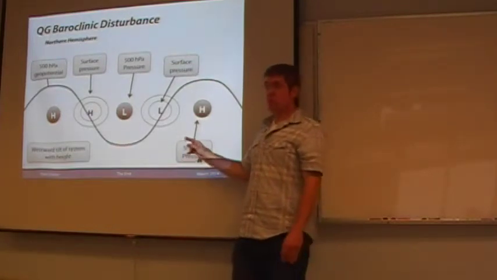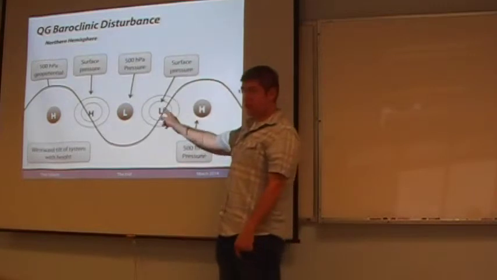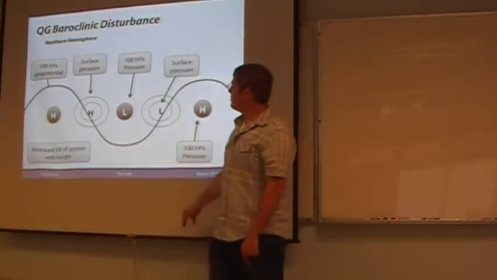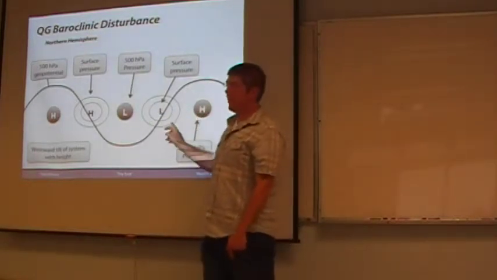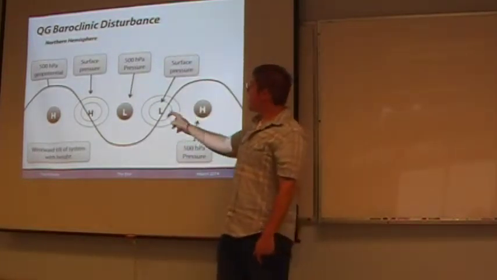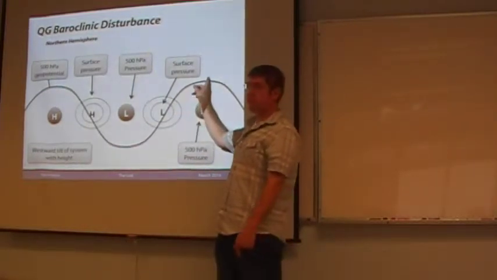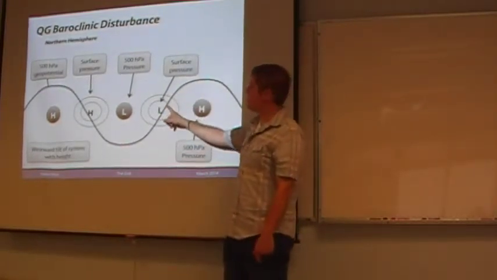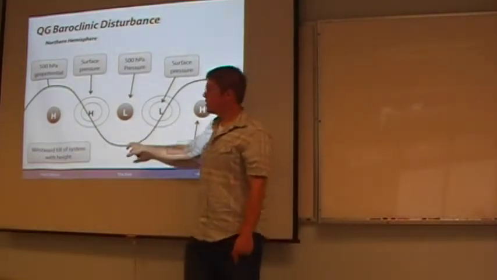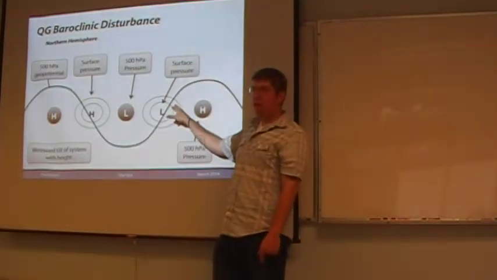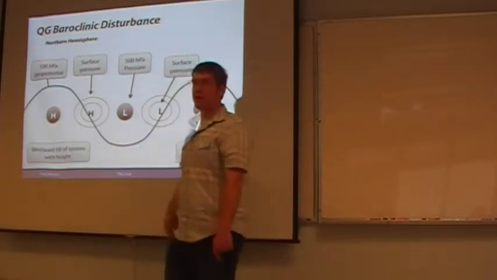So using this information, we were able to build our quasi-geostrophic baroclinic disturbance for a westward tilting system, that is one where the low pressure at upper levels is to the west of the low pressure at lower levels. The system tends to develop and tends to look like this. You have a surface pressure which is located along the upward branch of the wave. Note this wave is located at approximately 500 millibars, or 500 hectopascal. The low pressure associated with the wave corresponds to counterclockwise rotation within the wave, and the high pressure corresponds to clockwise rotation in the wave.